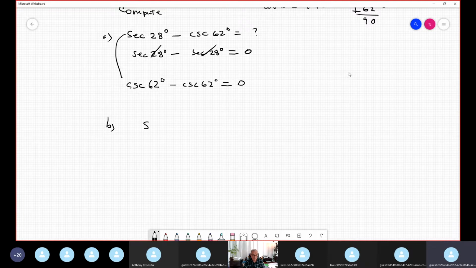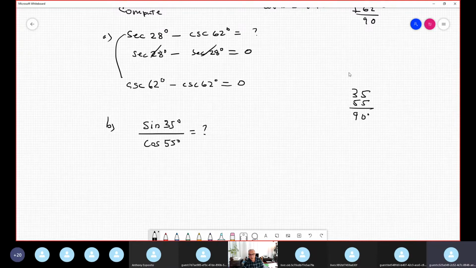Okay, suppose example B now. It is sine 35 degrees divided by cosine 55 degrees. Compute that, please. Immediately you say, wow, 35 and 55 is 90 degrees, yes or no? They are complementary.